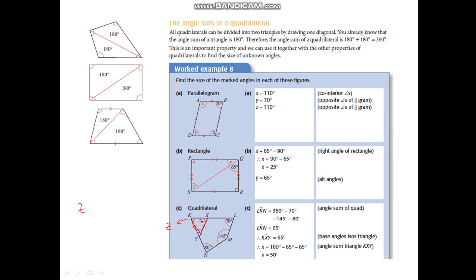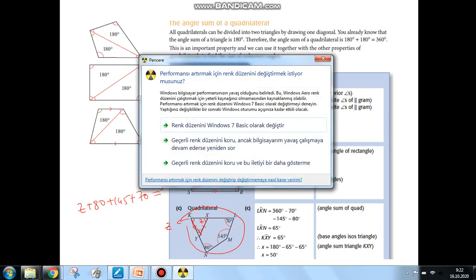Okay, so now look at the big shape. There we have four angles. The first one is z, the second one is 80, the third one is 145, plus the last one is 70. And what was the sum of these quadrilateral angles? It was 360, because when you divide a quadrilateral into two, you will get two separate triangles, and each of them is 180.